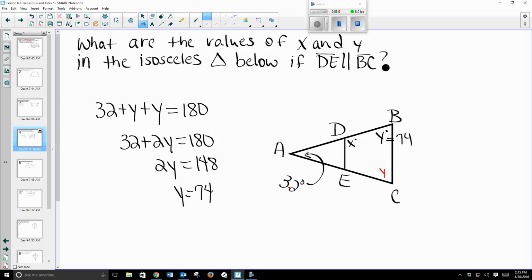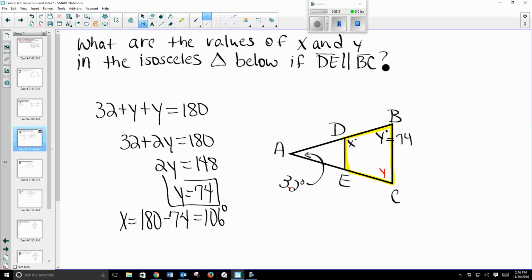And since this is a trapezoid, an isosceles trapezoid, or just a trapezoid, we know that x and y, those angles are same side interior, they add up to 180. So x is equal to, we're going to take 180 and subtract 74 from it, and get, what, 106?